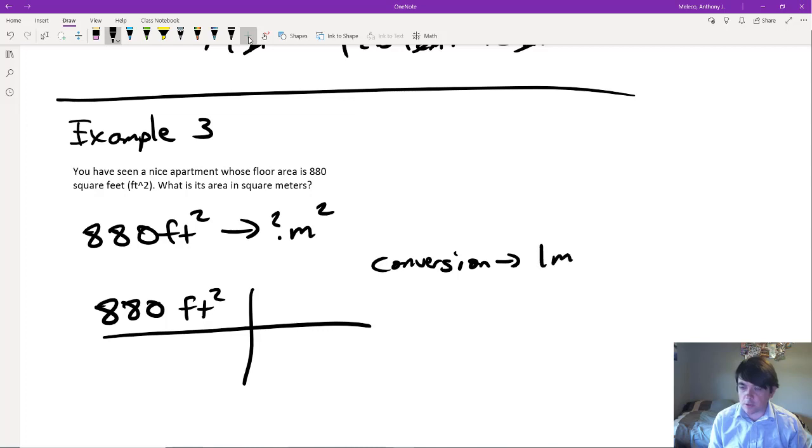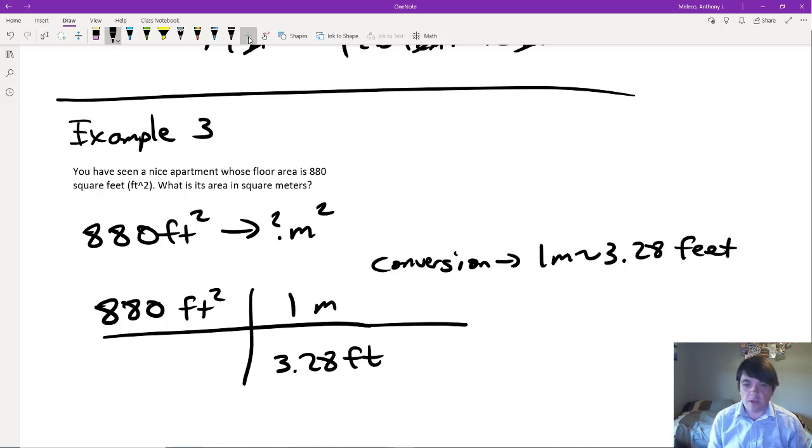So 1 meter is approximately 3.28 feet. We will write 3.28 feet to 1 meter. But if we divide that out, feet squared over feet will just give us feet still. So we actually need to do the conversion twice.